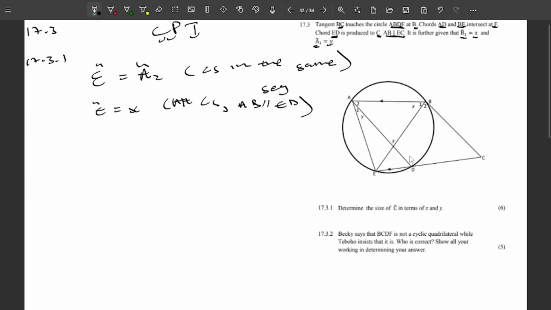Now, from there, we can use tan chord for B to find angle B2. So angle B2 is equal to x plus y, tan chord.